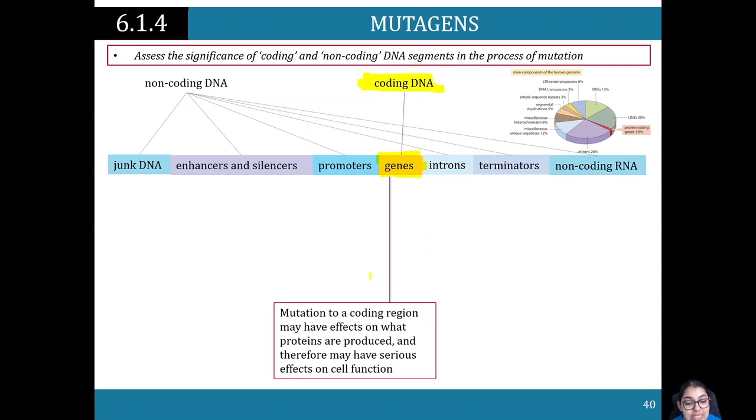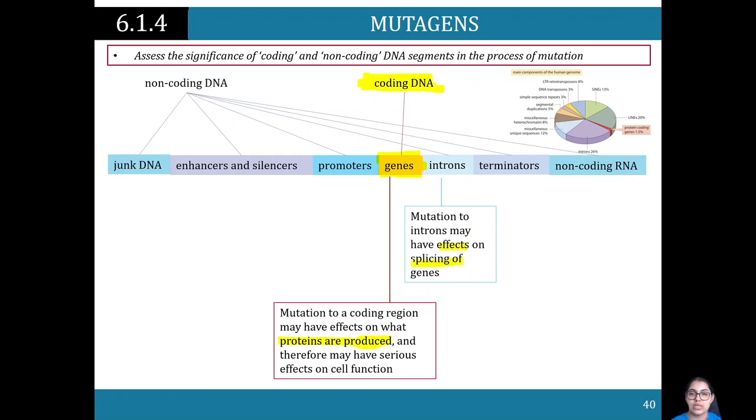Remember, mutations that occur to our genes, to a coding region, can have an effect on the protein that is produced, and can have a serious effect on cell function. Mutations that occur to the introns may have an effect on the splicing of genes.